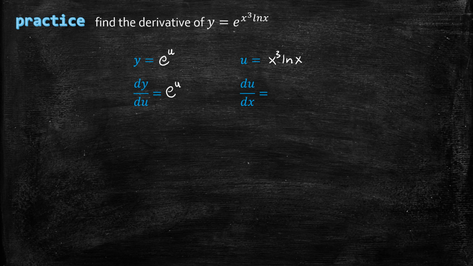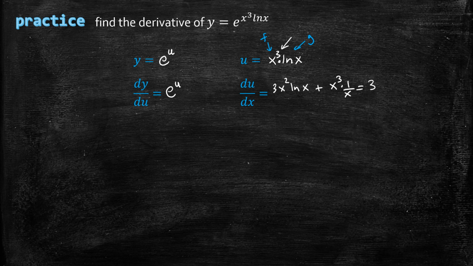Du by dx, we have something. You need to pause here and think about it because it's not so straightforward. We have a product here. So let's make this f and let's make this g. The product rule says the derivative of f times g, plus f times the derivative of g, which is 1 over x.